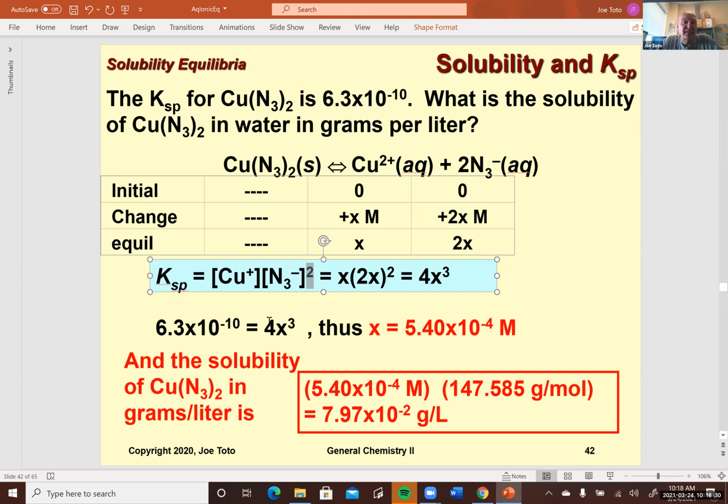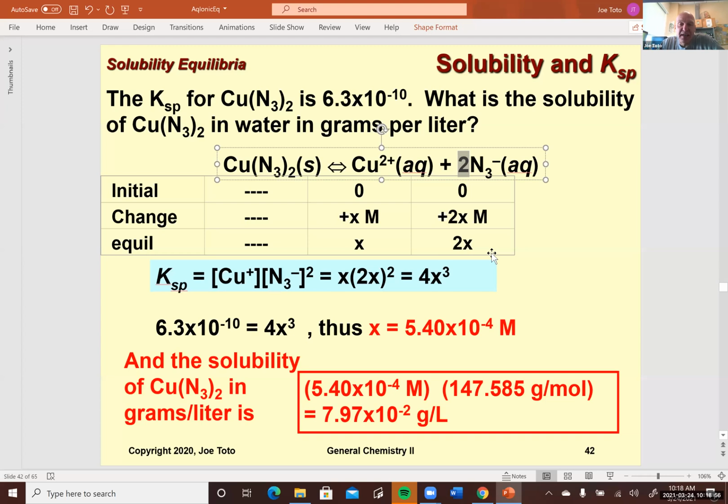But in this case, the reactant's a solid, so that's not shown here. It's already taken care of in that equilibrium constant. So I see now that the equilibrium constant is kind of a funky product of solubility. It's 4 times the solubility cubed in this case because it has a stoichiometric coefficient of 2 here.